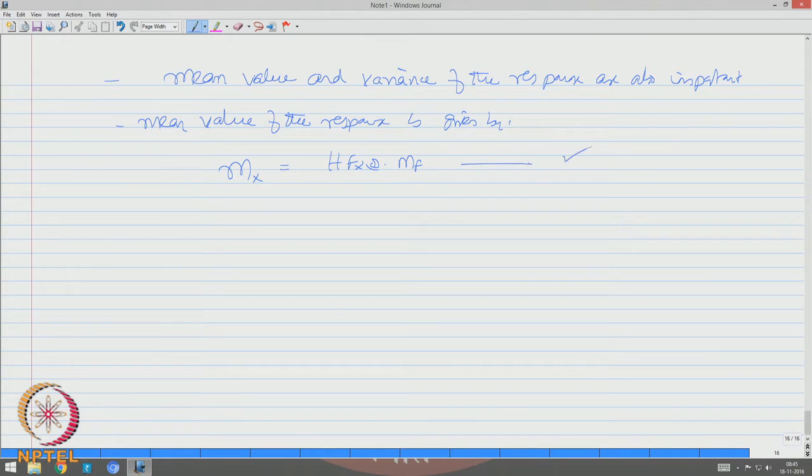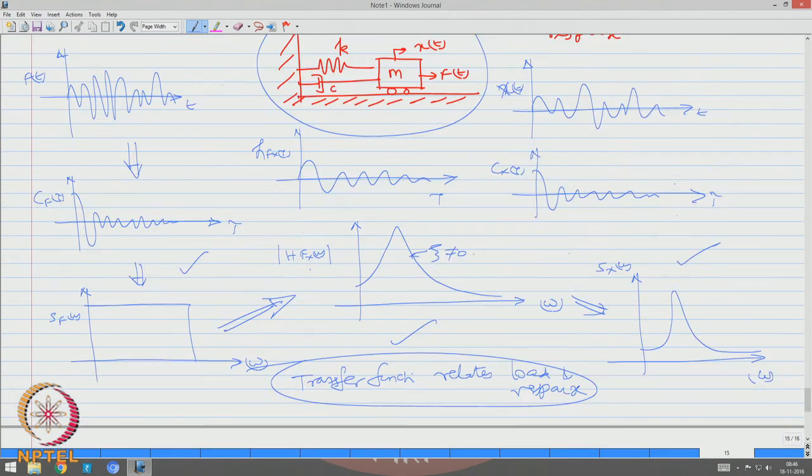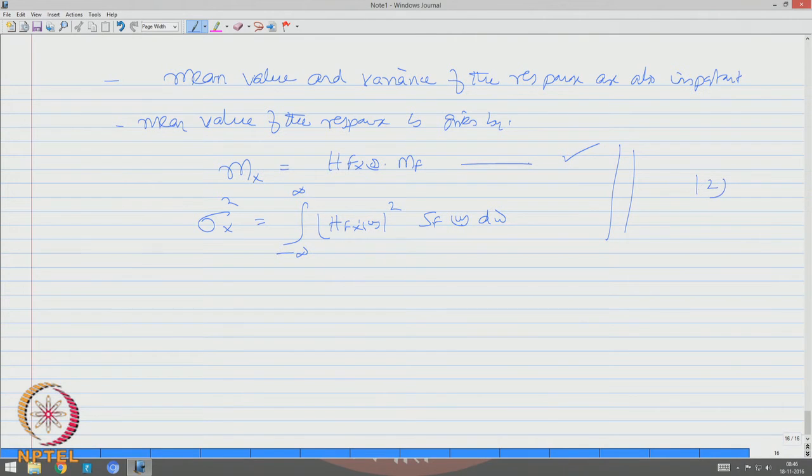We already have this equation with us, and the variance is explained by the expression in terms of omega. Let us call this equation number 12.